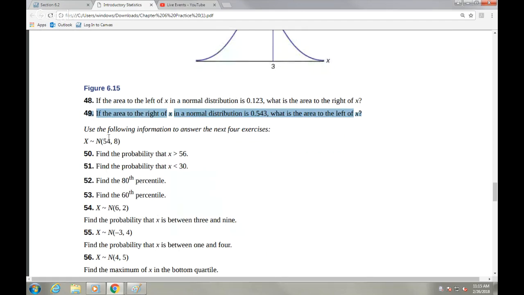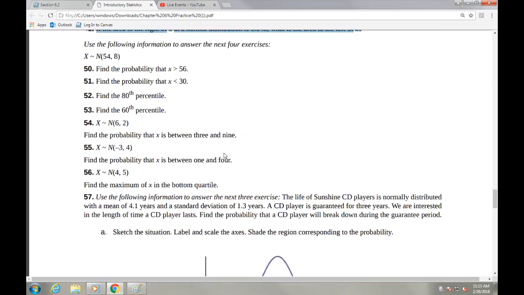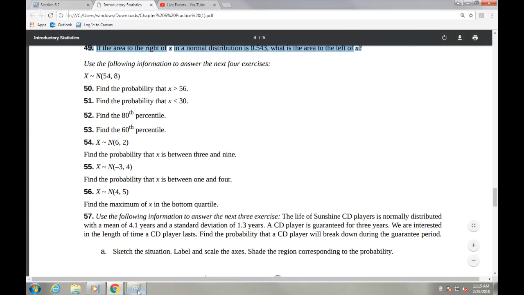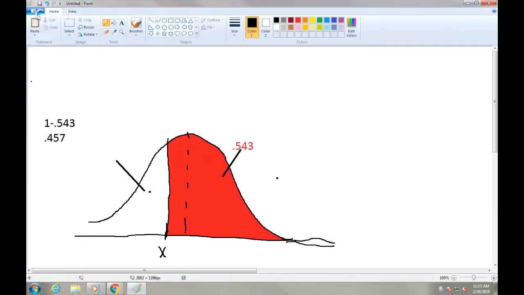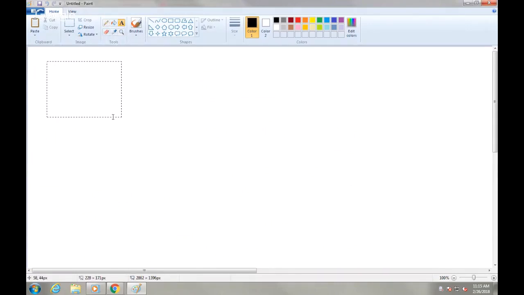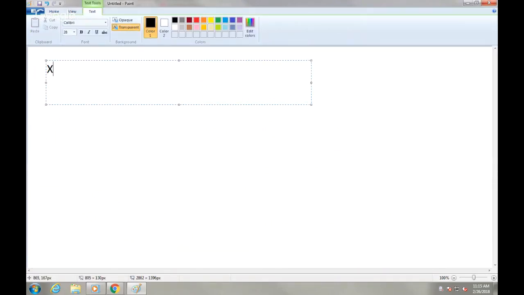Okay, now for the rest of these, we've got a distribution given to us. X is distributed Normal 54, 8.